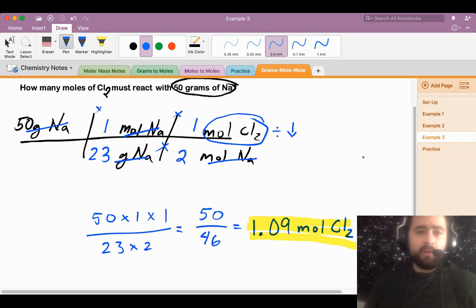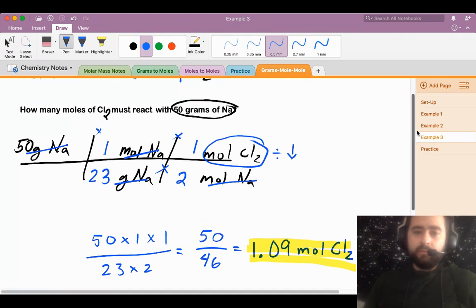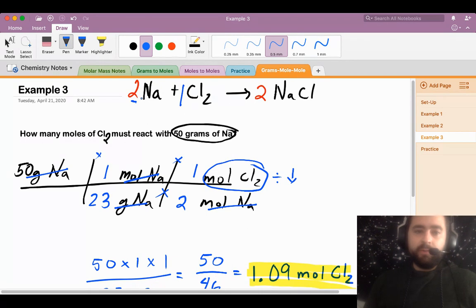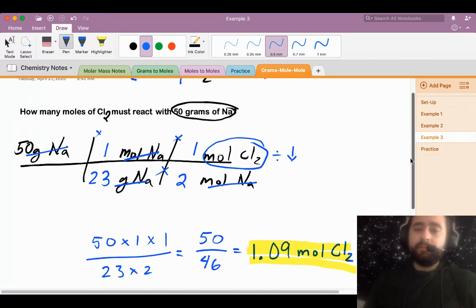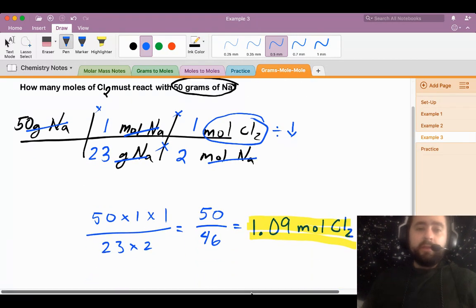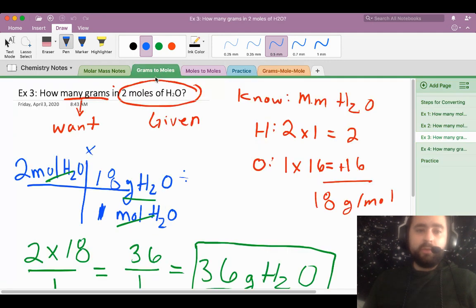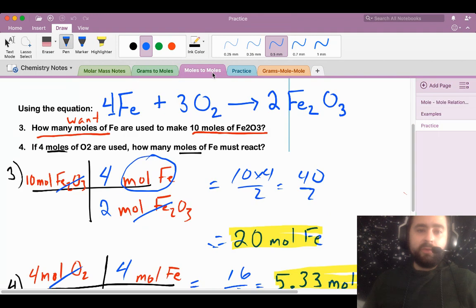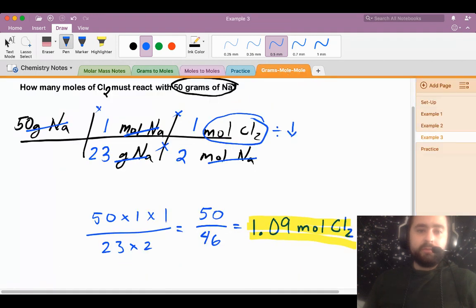So if I start with 50 grams of Na, if I have 50 grams of this, I need 1.09 moles of this to react with it. And that's how you're doing. So it's 3 steps. We're just combining the grams to moles and then the moles to moles. So now we get grams to moles to moles.